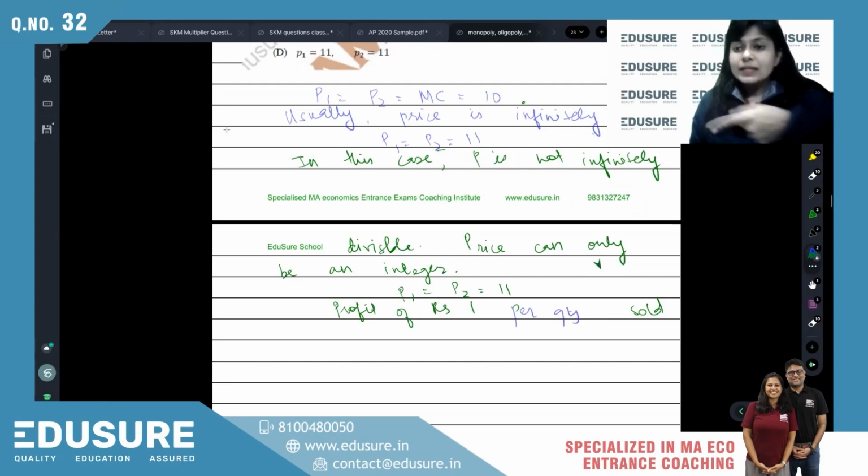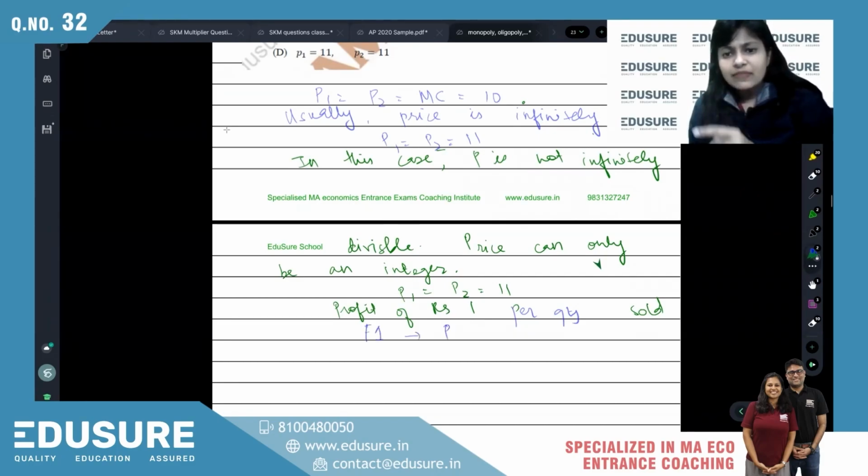Now, if you undercut in this, let's say firm 1 decides to undercut. Firm 1 can only go from 11 straight to 10. And at price 10, he will capture the entire market, but profit will fall to 0. Right? So 11 is actually beneficial for him also. Correct?